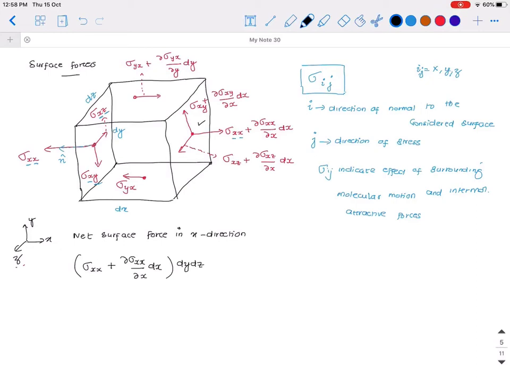And on the left face it would be minus sigma xx dy dz. Now let us consider the top and bottom surface: plus sigma yx plus dou sigma yx by dou y dy, times the area dx dz. So this is again minus sigma yx dx dz.